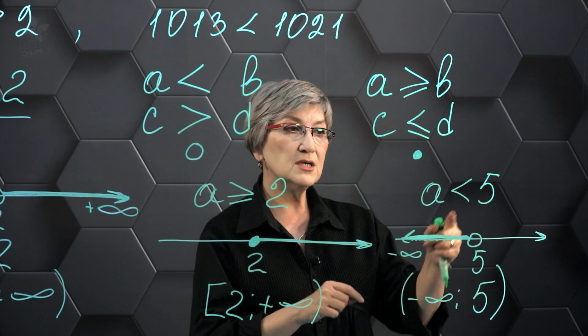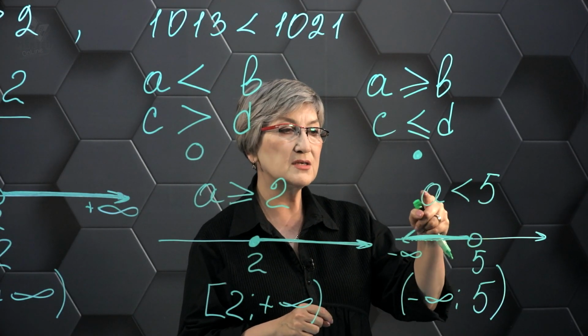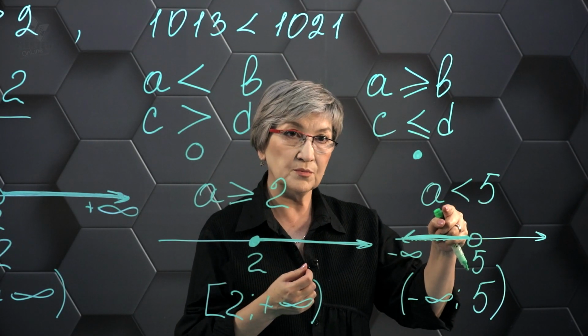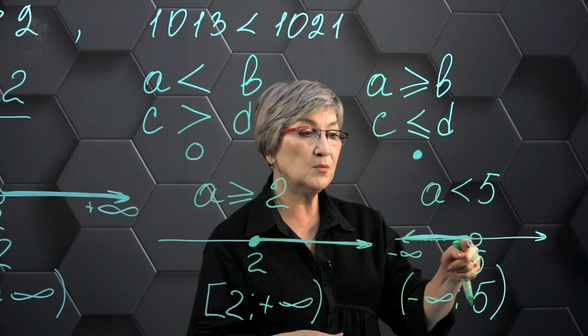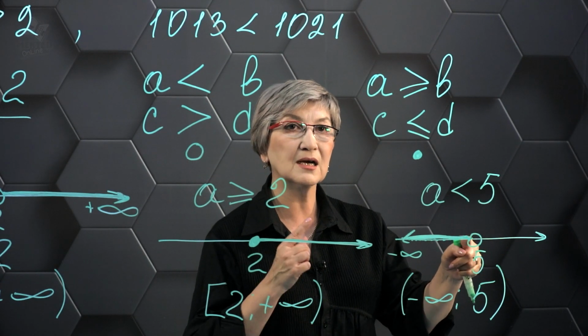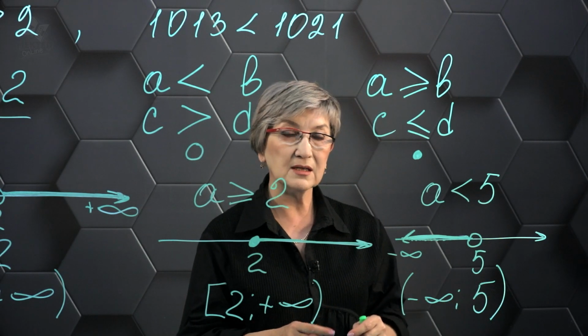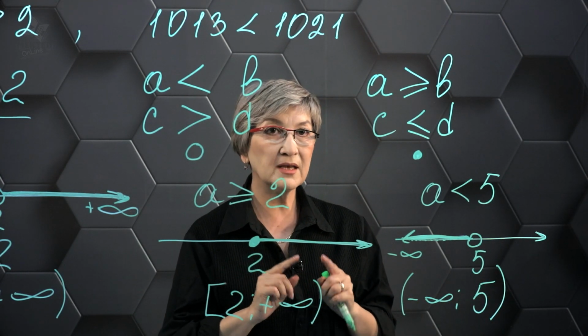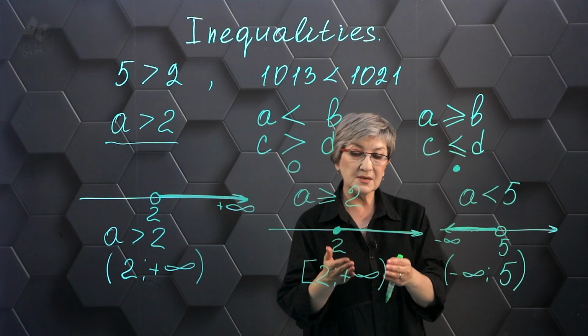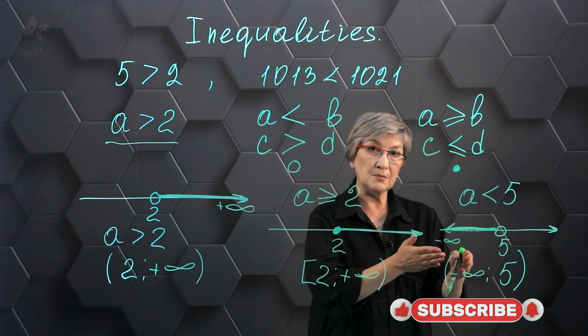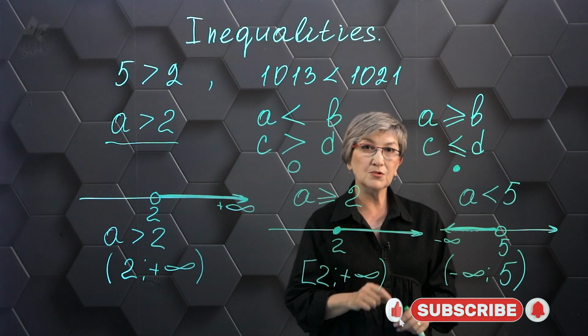But if we consider the inequality a is less than or equal to 5, then on the coordinate line we will mark the point 5 and color this point. And in the answer the parenthesis will be square. But notice that plus infinity and minus infinity will always be written with a round parenthesis.